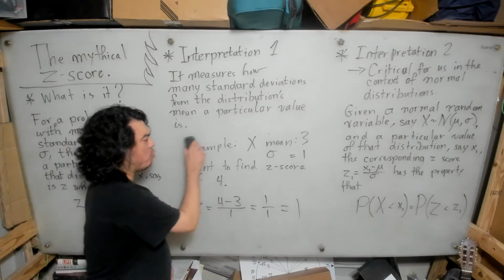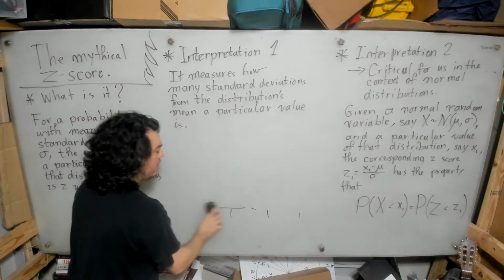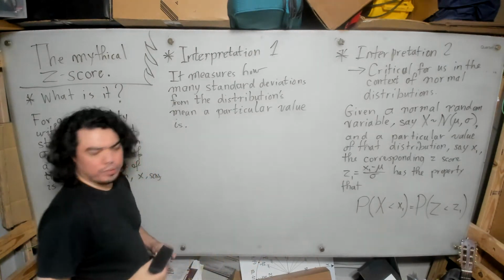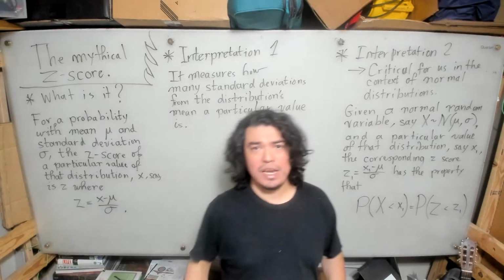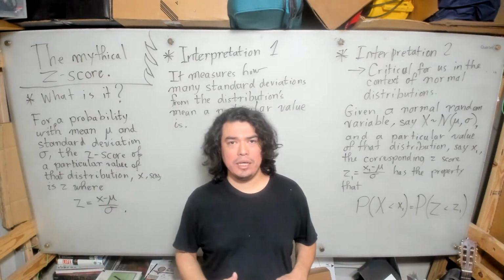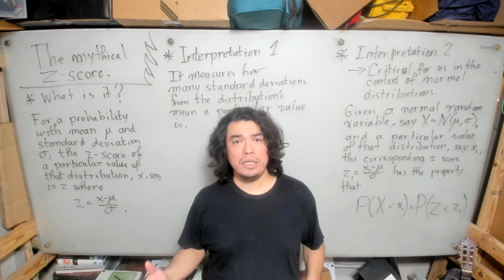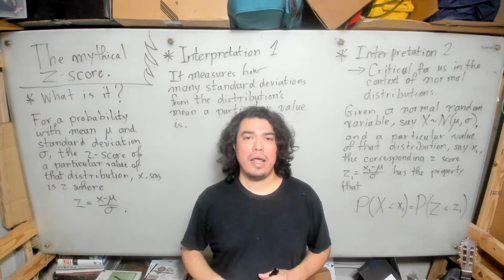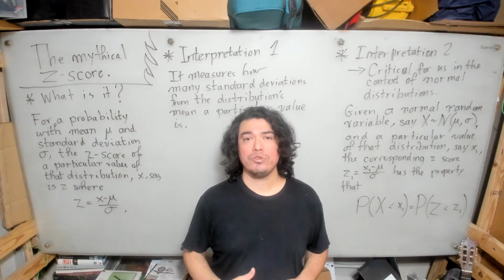And that's an important interpretation. For example, let's say that you want to compare test results from 2 different classes. Let's say you have class A and class B. Let's say they're both taking calculus. They might have different means in their class, and they might have different standard deviations. One class might be very studious, the other class might not be so studious.